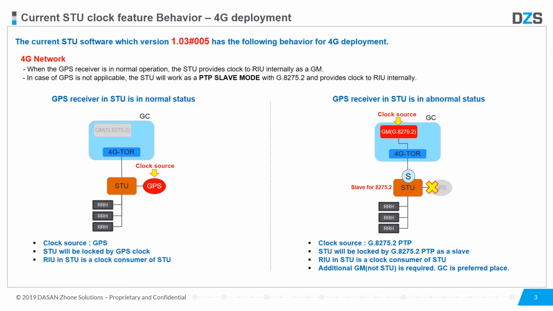When the GPS receiver linked to the STU is in normal status, the GPS receiver is the primary clock of the STU, and provides clock as grandmaster to the LIU in the STU by receiving the clock source from satellite.